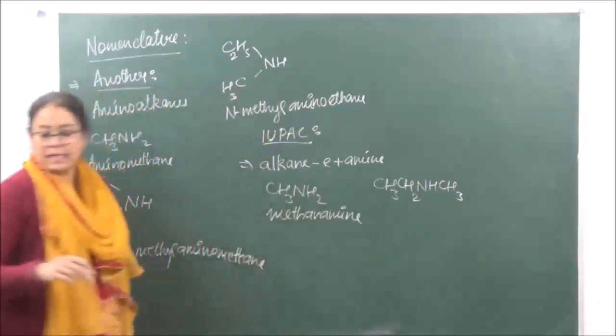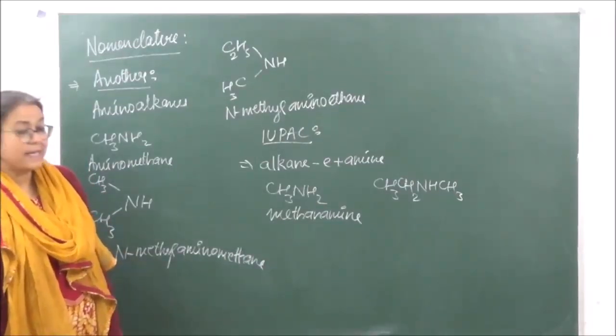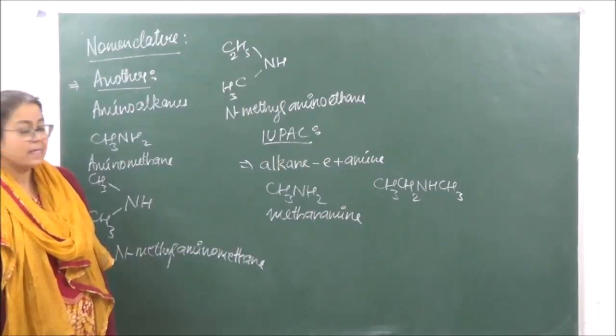of this type, then this is going to be named as, again the longer chain will be taken as ethane and the smaller will be taken as alkyl.